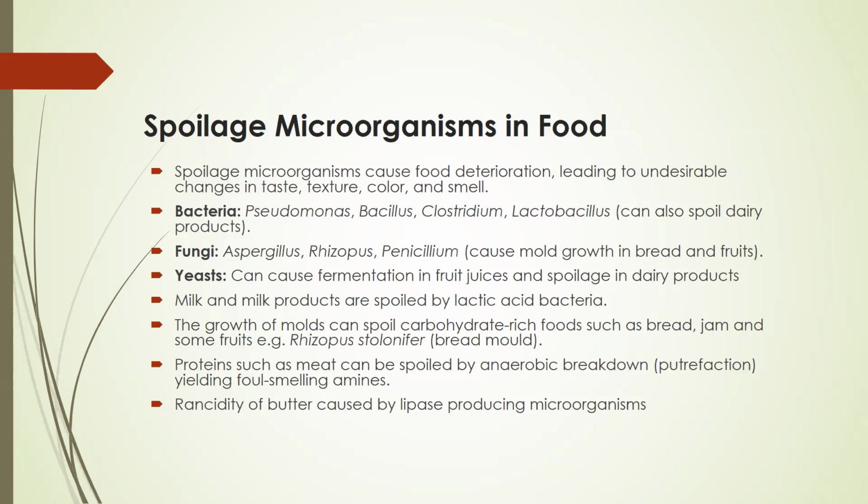Then it becomes a case of penny wise, pound foolish, because you don't want to throw away 3 spoons of soup. The person might end up in the hospital spending 300,000 instead of just throwing that soup away. So you have bacteria, for example, Pseudomonas, Bacillus, Clostridium, Lactobacillus, that can spoil dairy products.